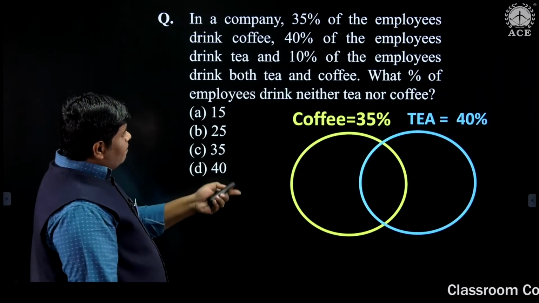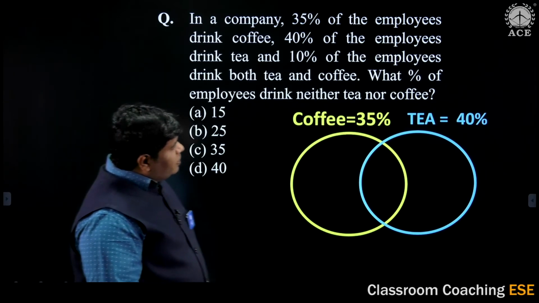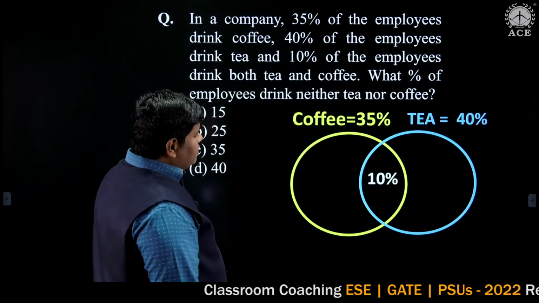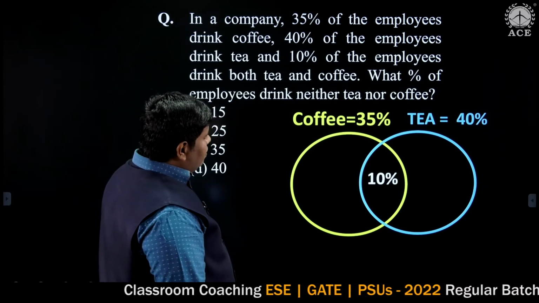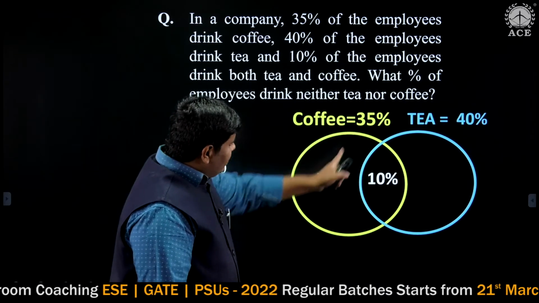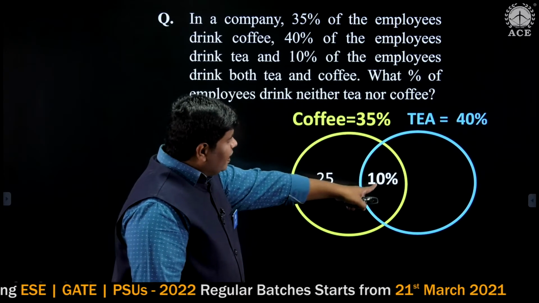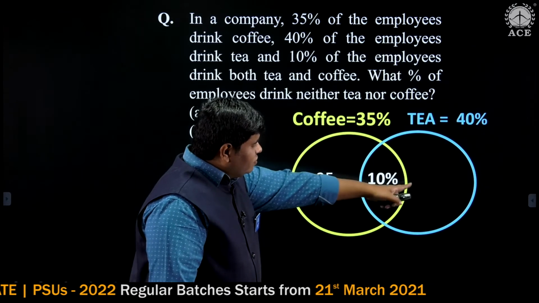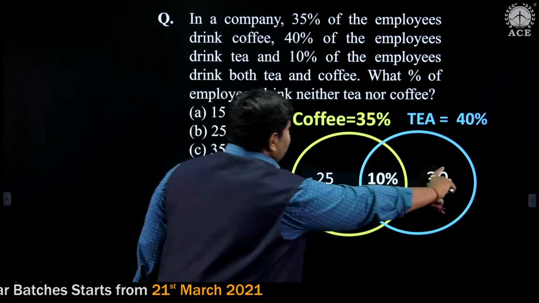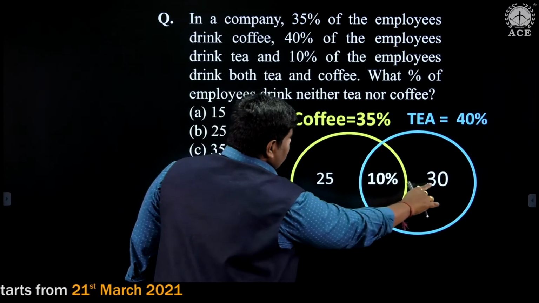Observe. Coffee 35%, tea 40%. Intersection how much? 10. So individually, coffee, total 35, so 25 and 10, 35. Tea 40, so 10 is already there, so what is remaining? 30. So overall, those who took drinks: 25, 10, 30.